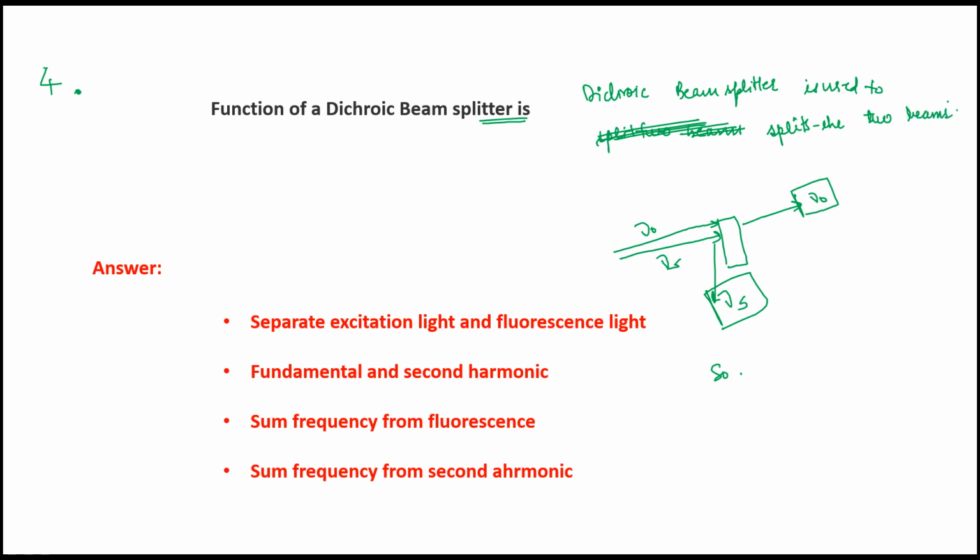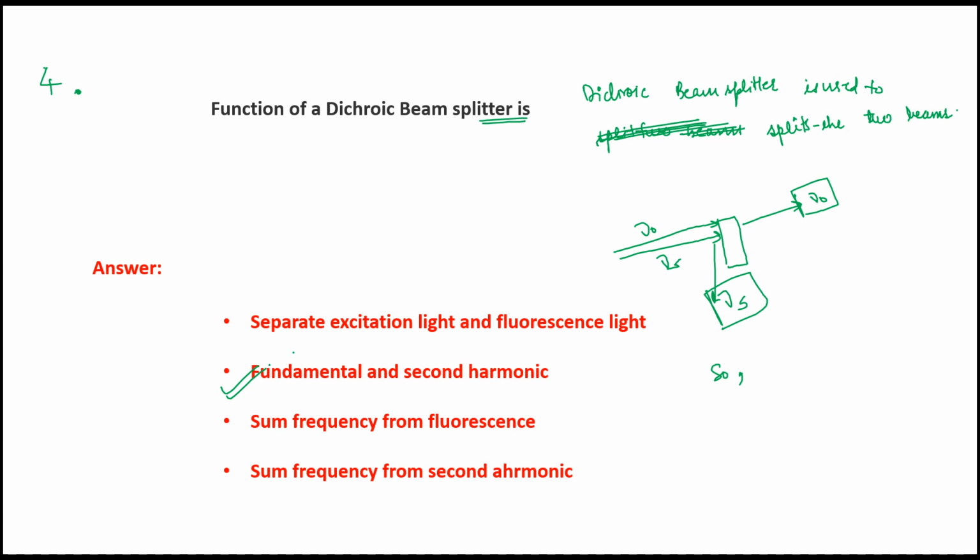Now, the function of a dichroic beam splitter in this case was to separate the excitation light from the fluorescence light, fundamental from the second harmonic, some frequency from fluorescence. Here we studied this in the case of an instrument, and thus in this case the answer could be fundamental from second harmonic.